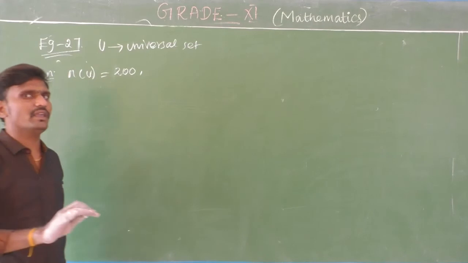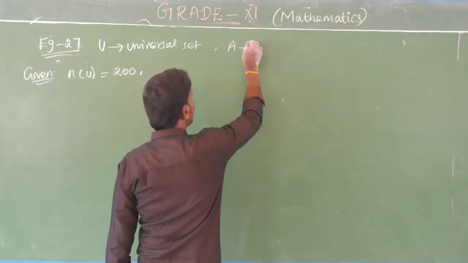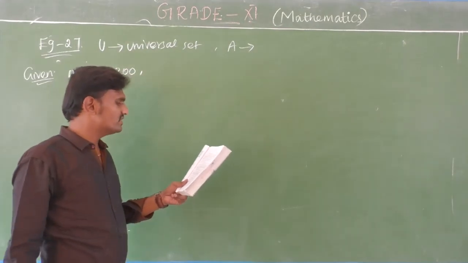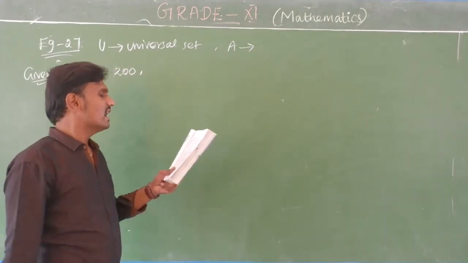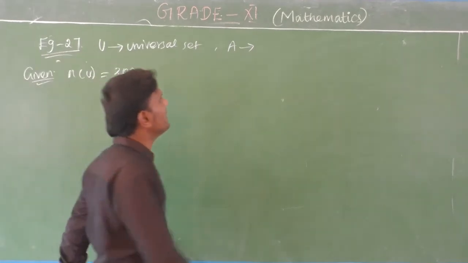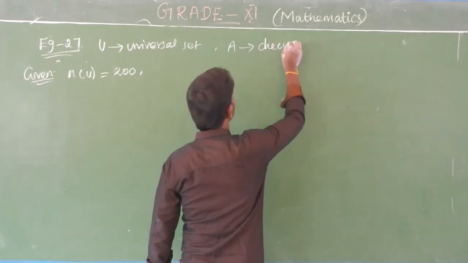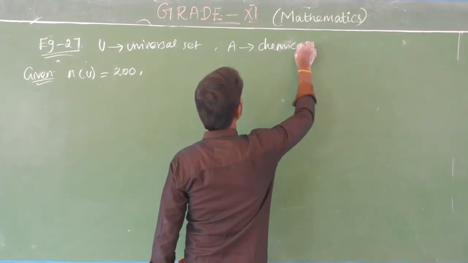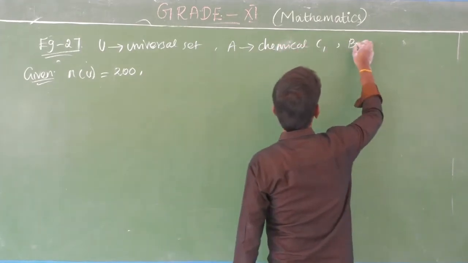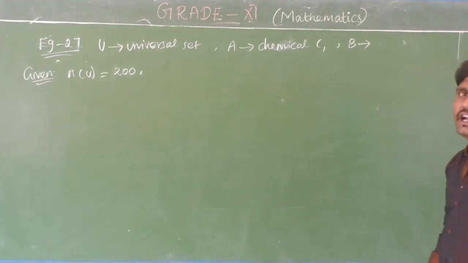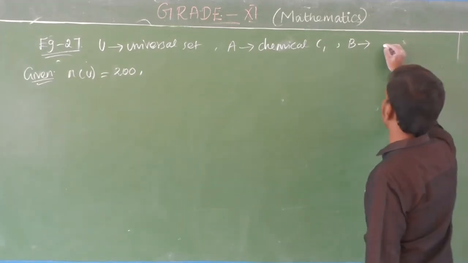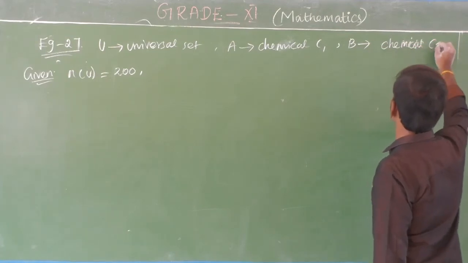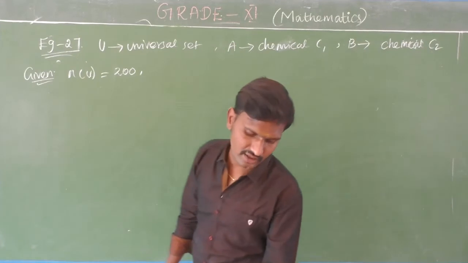So simply take A and B. Let A denote the number of individuals affected by the skin disorder by the chemical C1, and B denote the individuals affected by the skin disorder by the chemical C2.